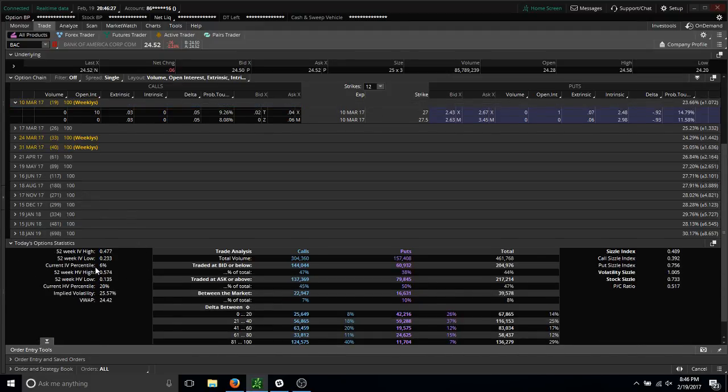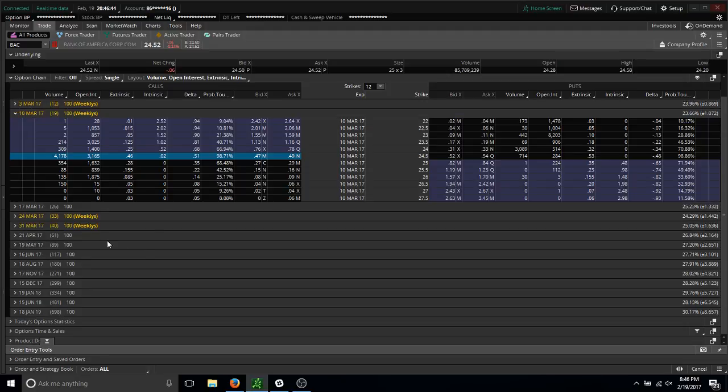The current IV percentage is 6%. So there's hardly any volatility. This is the 6th percentile of its 52 weeks. So that's why these are so cheap. There's no volatility in them. So like Theo Trader was saying, if there's ever a time to go long, it's now, because it's so cheap to get into a trade.